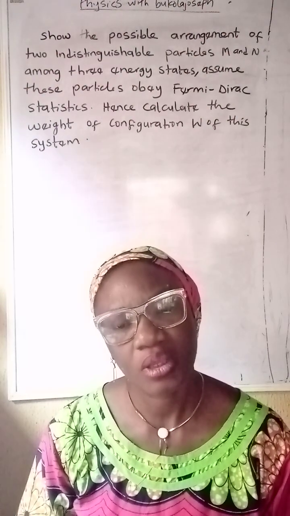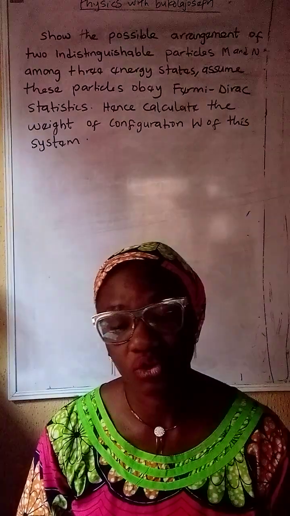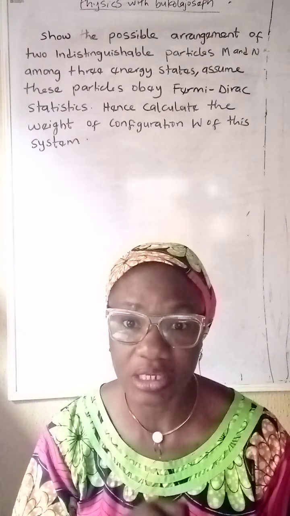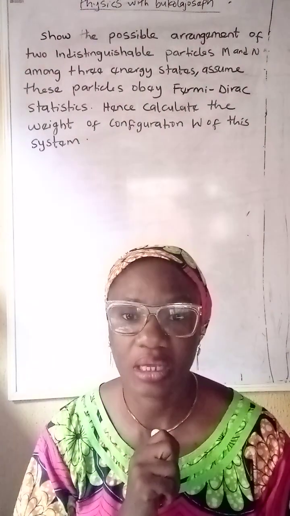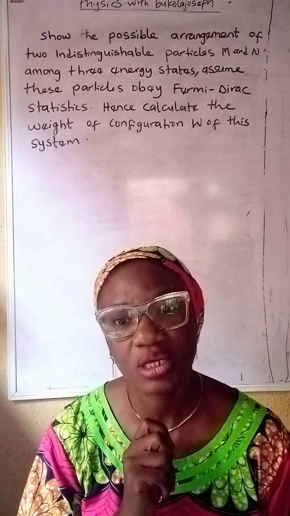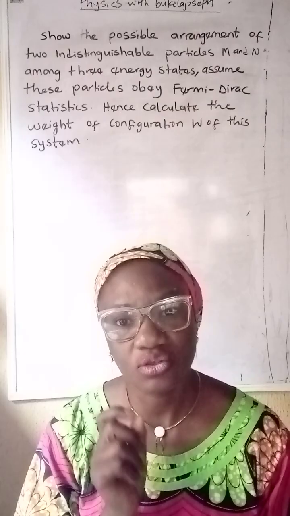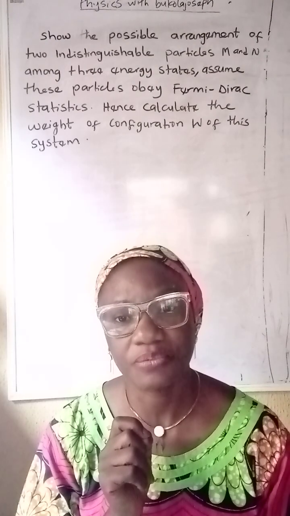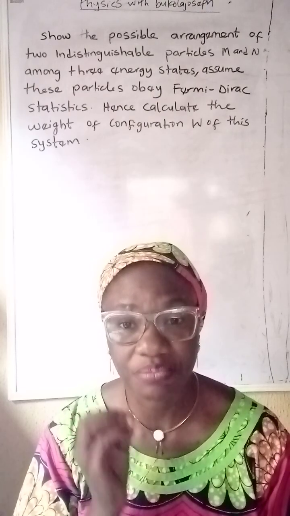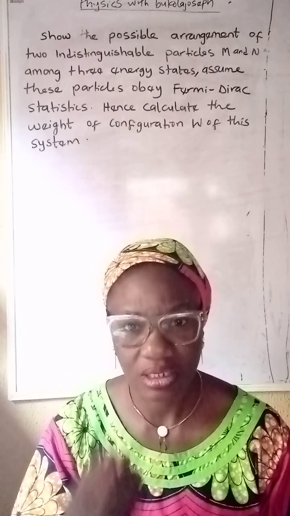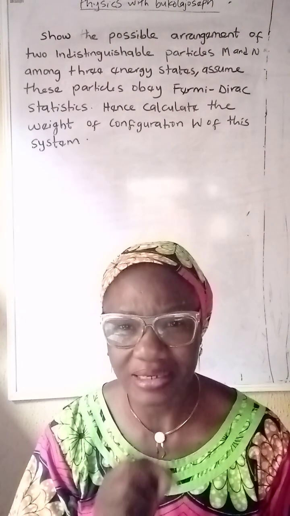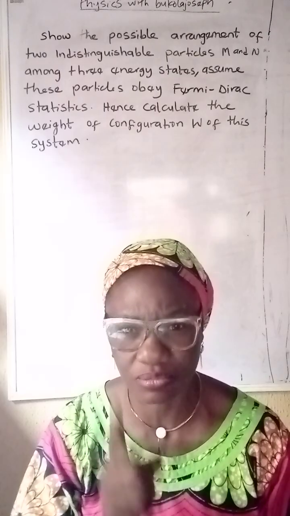So, when we did Bose-Einstein, you know that Bose-Einstein does not obey the Pauli's exclusion principle. I hope you still remember what the Pauli's exclusion principle is all about. I'll say it again. The Pauli's exclusion principle states that no two fermions, with half integer spin, such as the proton, the electron, the neutron, can occupy the same quantum state simultaneously.